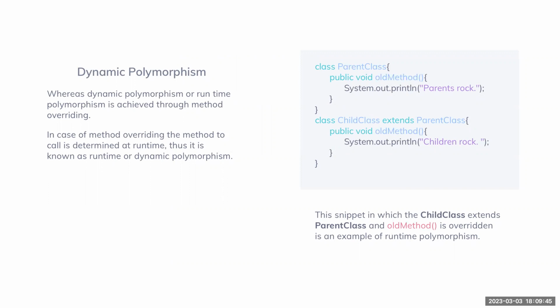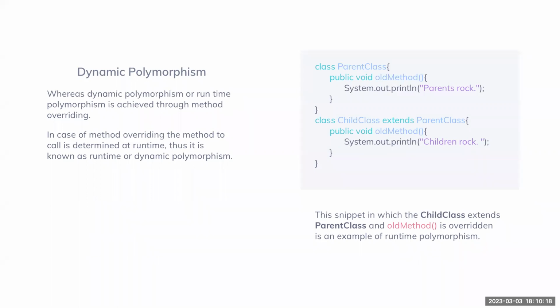In case of method overriding, the method to call is determined at runtime. When you write code, compile time polymorphism is achieved by method overloading, and runtime polymorphism is achieved by method overriding, whenever you create the object and call that particular method.